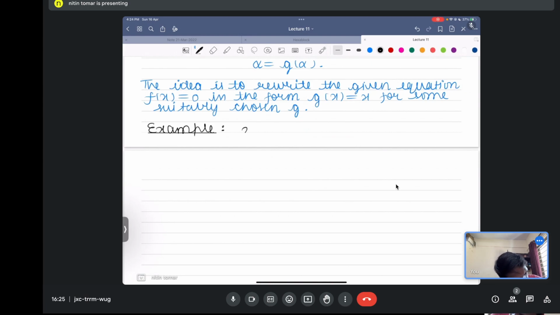So, if you consider f(x) to be x square minus x minus 2 equal to 0, you have to find the root of this equation, okay?